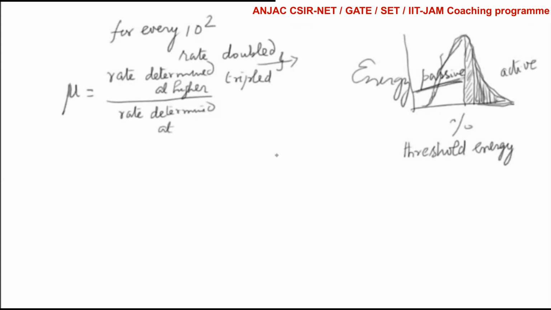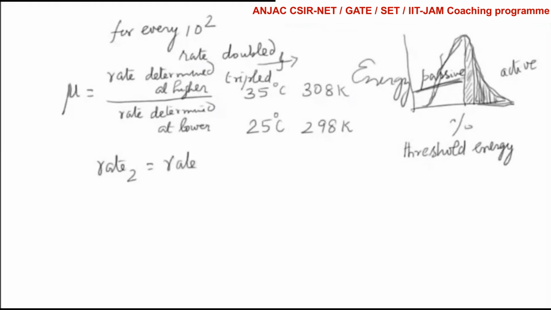Normally, at which temperatures is this temperature coefficient studied? The lower temperature is taken to be 25 degrees C and the higher temperature 35 degrees C. In Kelvin, that is 298 Kelvin and 308 Kelvin. Therefore, the rate at temperature 2, the higher temperature, is equal to the rate at the lower temperature multiplied by its temperature coefficient.